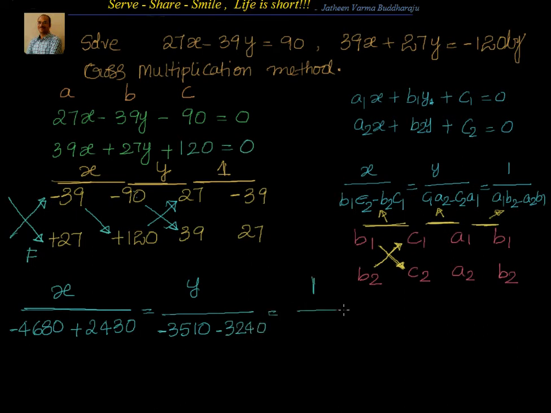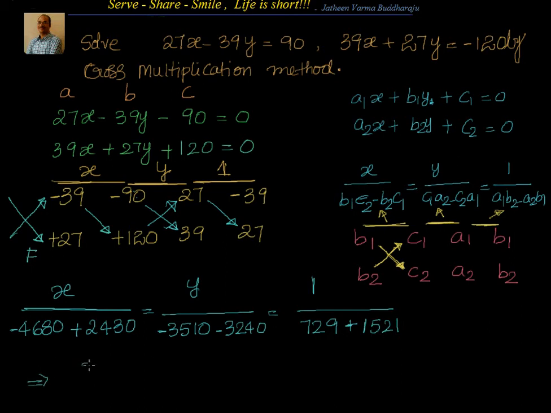That's equal to 1 divided by a1 b2 minus a2 b1. So 27 into 27 is 729. Minus of a2 b1, minus of minus becomes plus, and 39 into 39 is 1521.